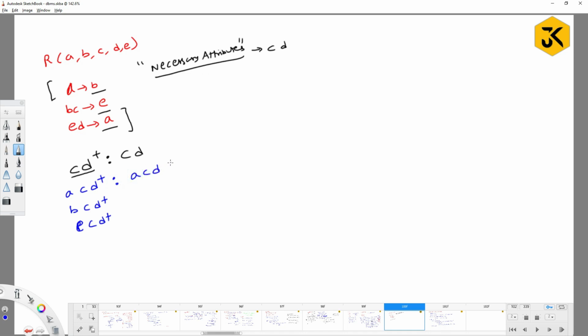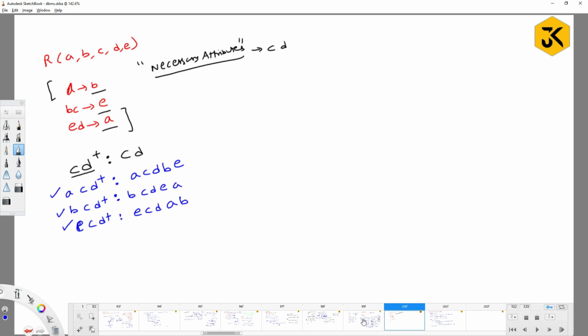ACD, from A you will get B, from BC you will get E. ACD is possible. Similarly BCD closure, BCD, from BC you will get E, from D you will get A. Similarly ECD closure, ECD, from ED you will get A, from A you will get B. So these three are the candidate keys.